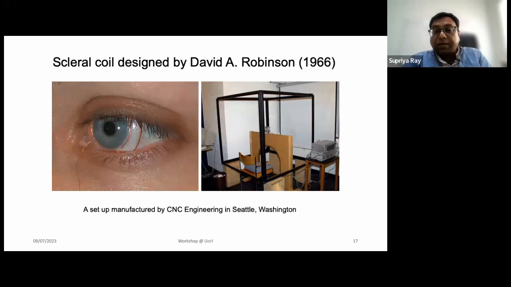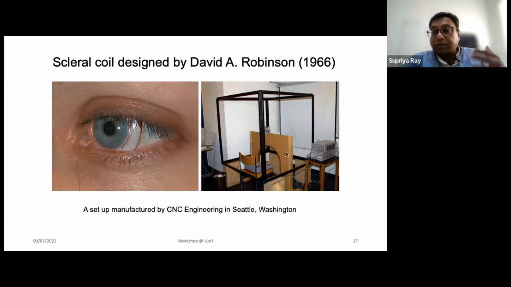Okay, now with that coil placed on the sclera, the subjects were asked to sit in that magnetic field. That cube-shaped box, as you can see here. Now, within that magnetic field, when subjects moved their eyes, that circular coil cut through some magnetic lines of force.